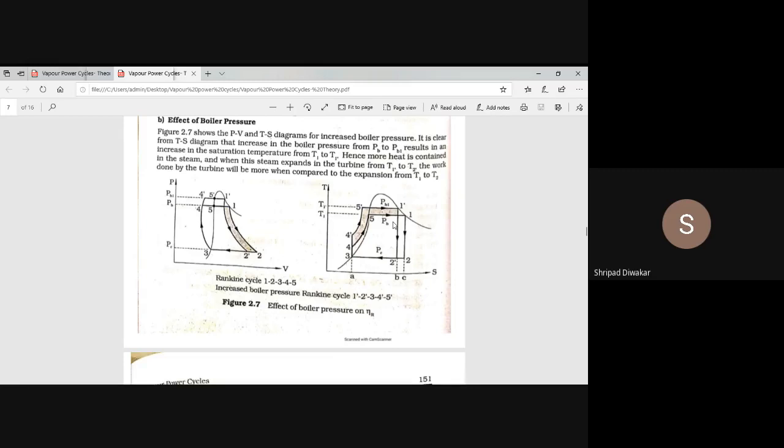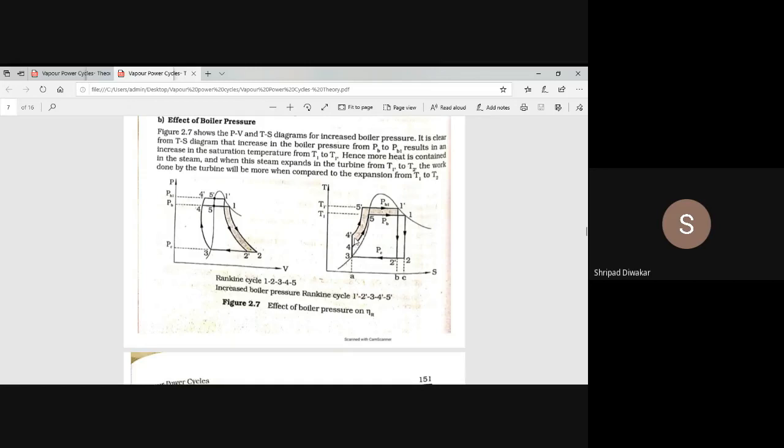Here 3 4 is already there, so just extend that line 3 4 and mark the point as 4'. Next you have to draw a line 4' 5' parallel to 4 5.